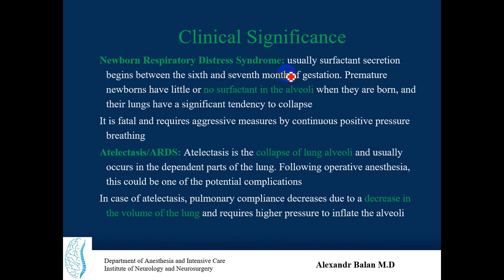Newborn respiratory distress syndrome. Usually surfactant secretion begins between 6 and 7 months of gestation, and newborns that are delivered prematurely have little or no surfactant in the alveoli when they are born, and so their lungs have a significant tendency to collapse.